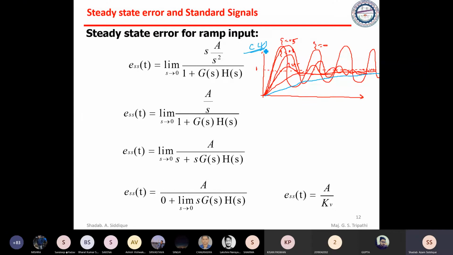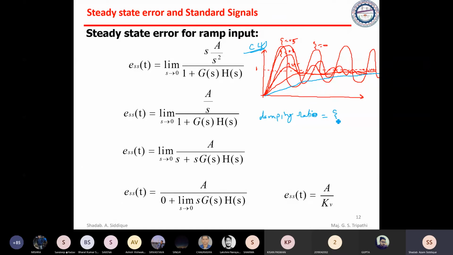Now let me know, what is the damping ratio? I told you in the beginning class of unit 3. Damping ratio is nothing but zeta, also called the damping factor.